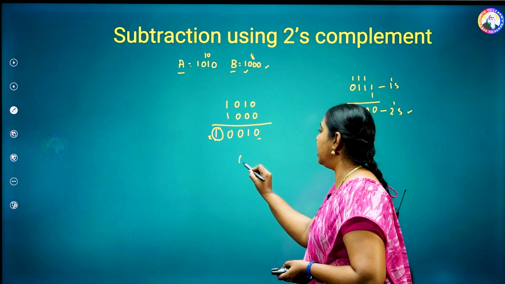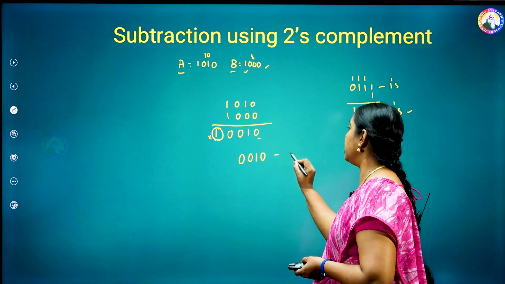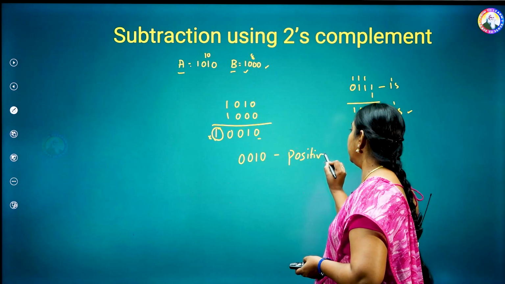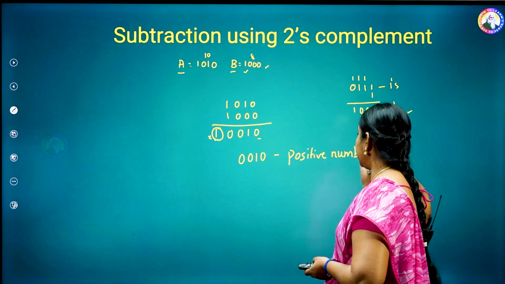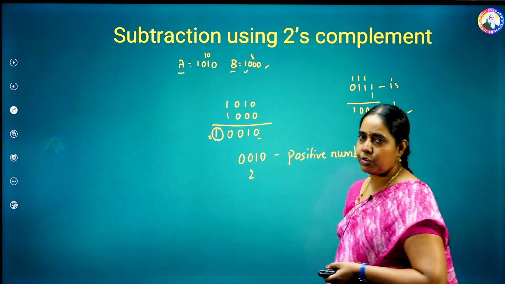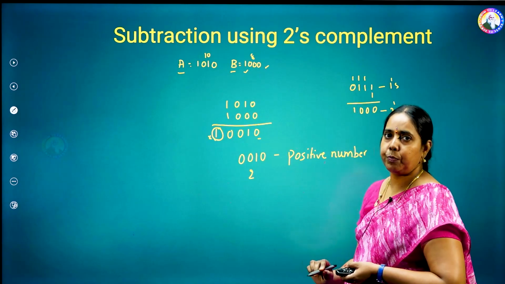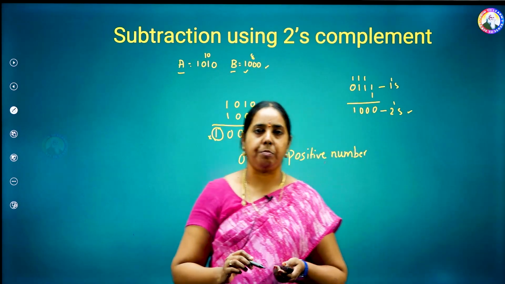Then the result is 0, 0, 1, 0, which represents a positive number. What decimal does 0, 0, 1, 0 represent? It represents 2. So 10 minus 8 is 2. In this way we perform subtraction using 2's complement.